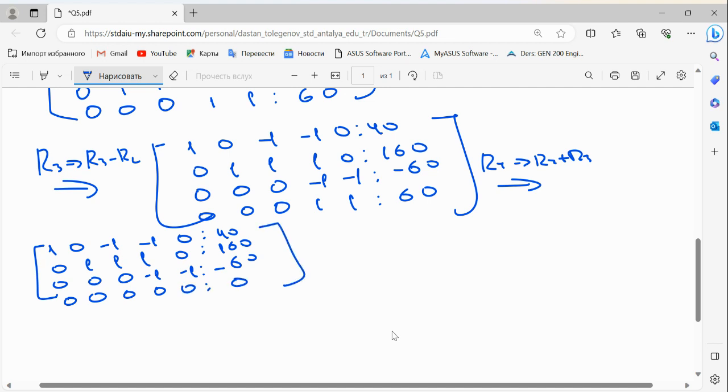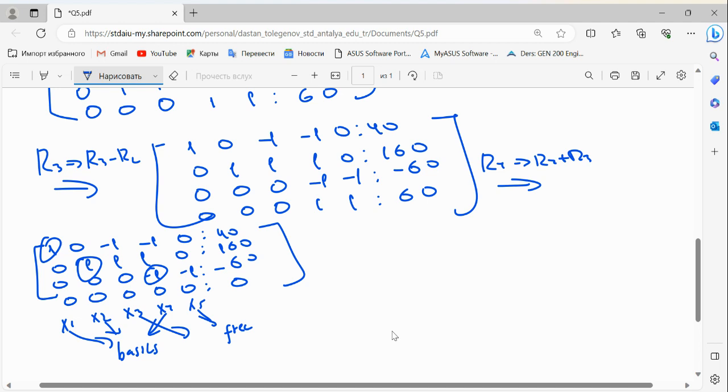We got pivot positions in x1, x2, and x4. We say that x1, x2, and x4 are basic, and x3, x5 are free variables.